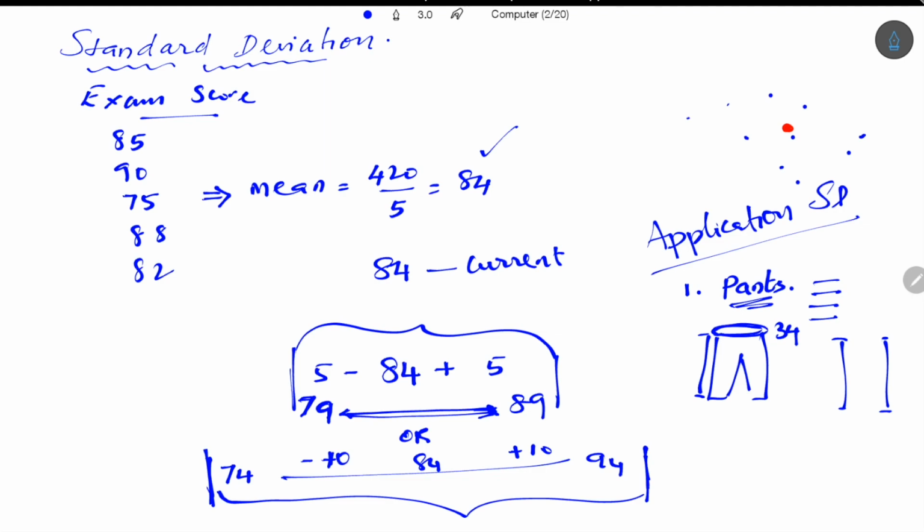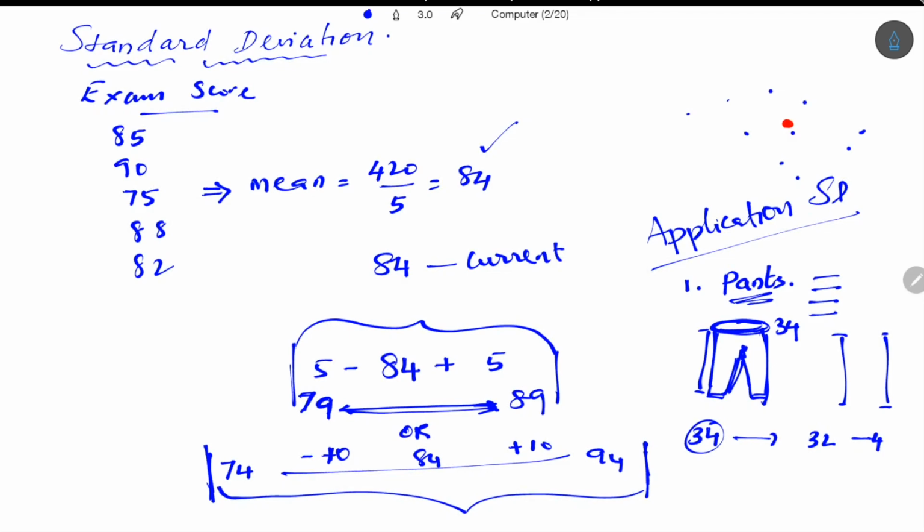They do analysis or take feedback from customers who are buying their brand, and they decide that if a person wears a 34 waist, the length may be from 32 to say 40. So their length varies within this range. On average they find the standard deviation.